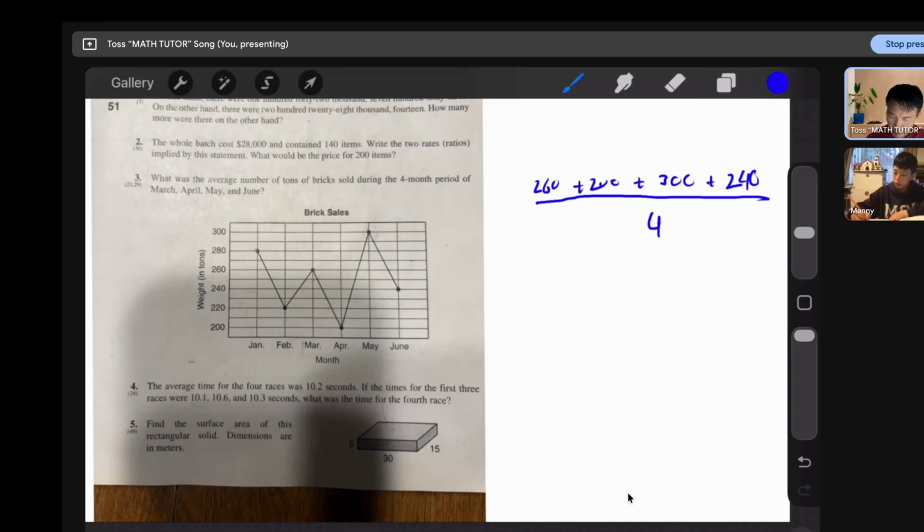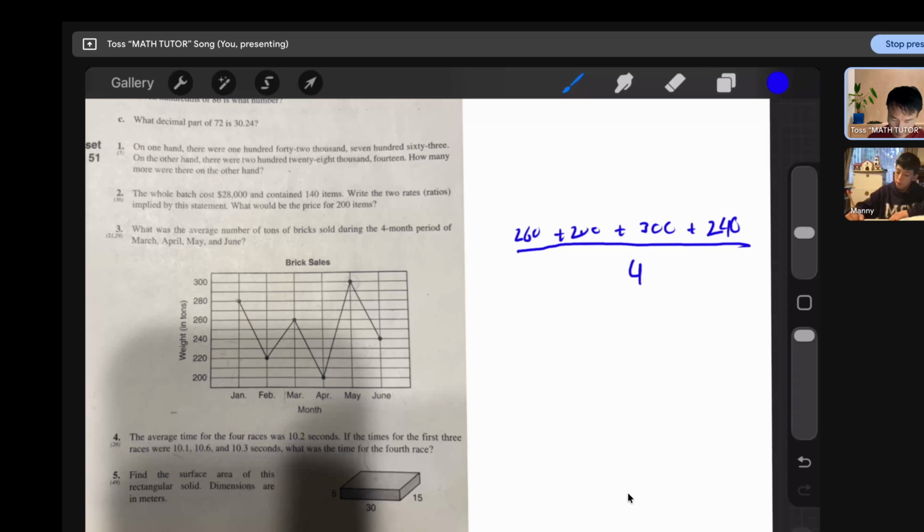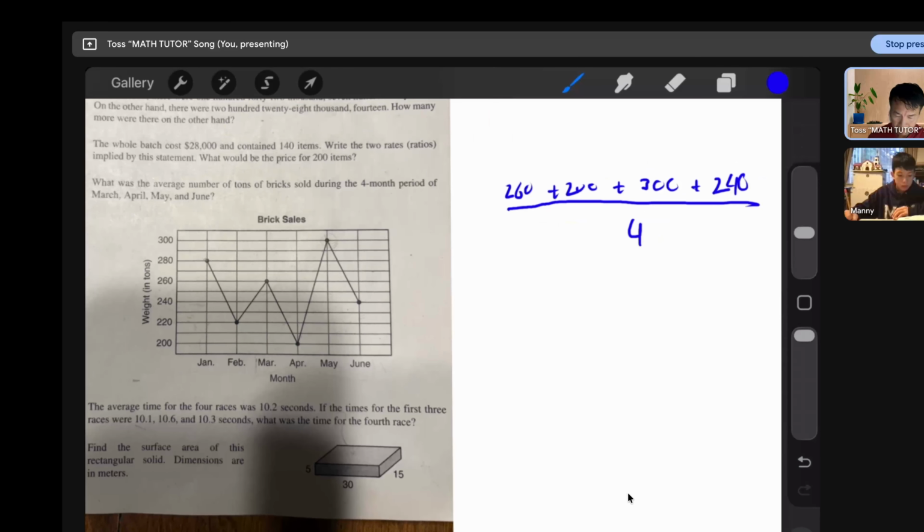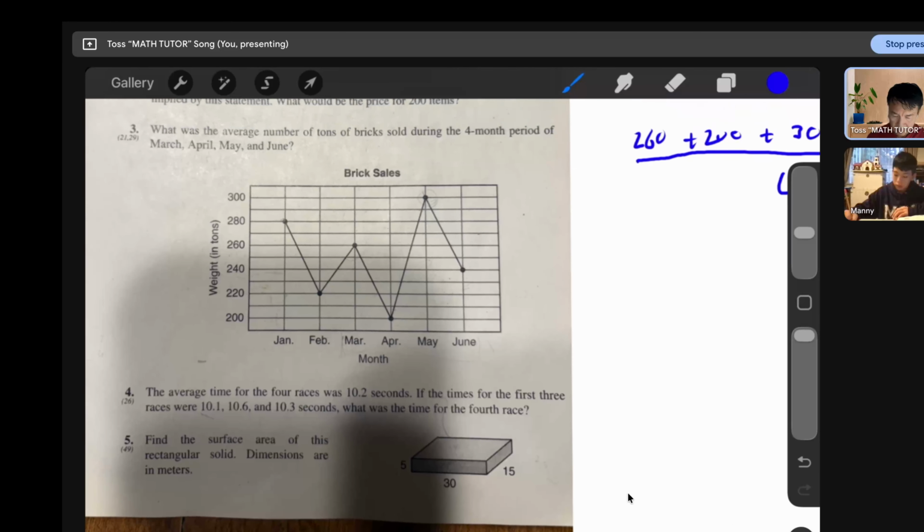Now that would be the average for the 4-month period. Okay, good. What's the unit of this one? Bricks. Okay, very good. All right, number 4.